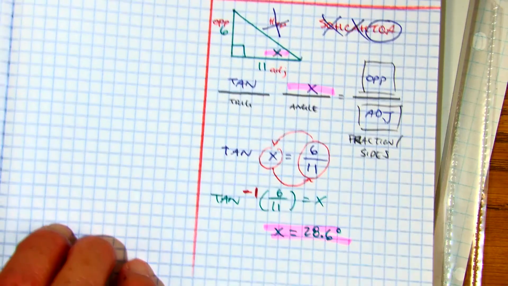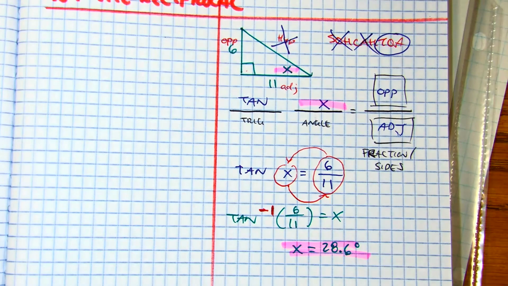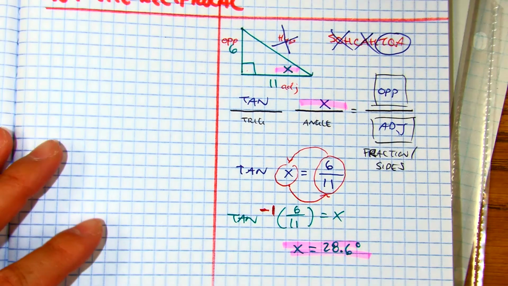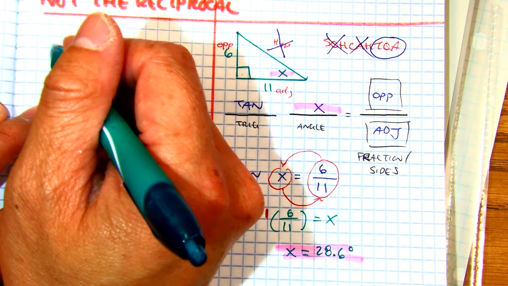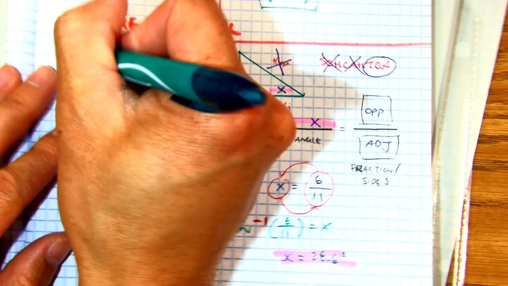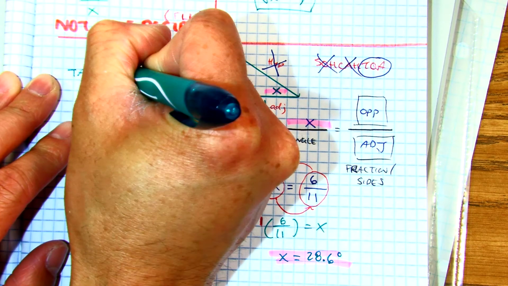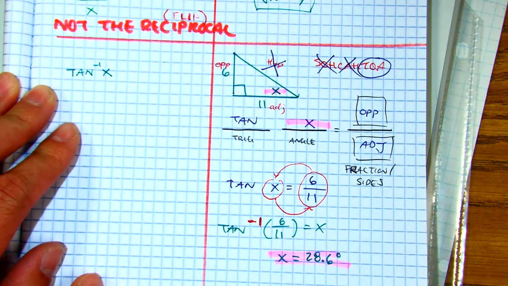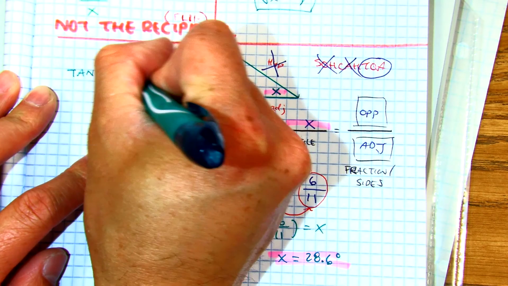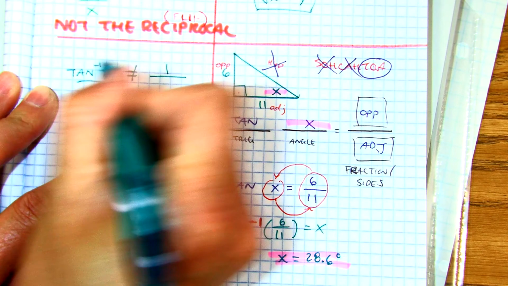Now, I want to go over one more what it is not. Okay? So remember, it is not the reciprocal. So if you see tangent of -1 x, you're not going to put it over 1 and then take it downstairs like you did on this problem.